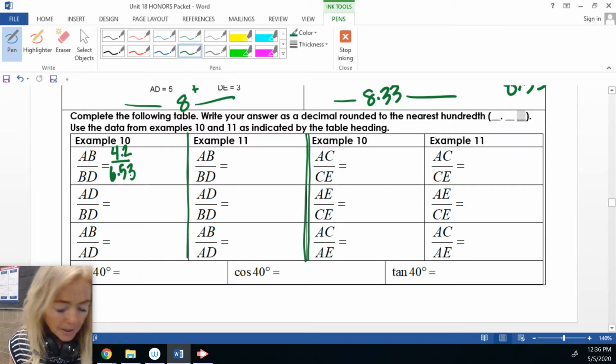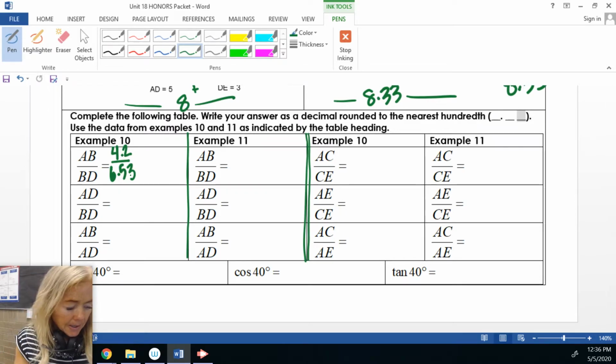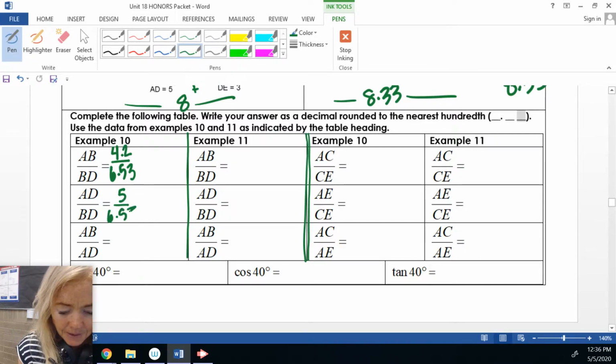And then AD is along the bottom, horizontal, it's 5, and BD is again the hypotenuse, 6.53 again. Then AB is vertical, 4.2, divided by AD, which is 5.